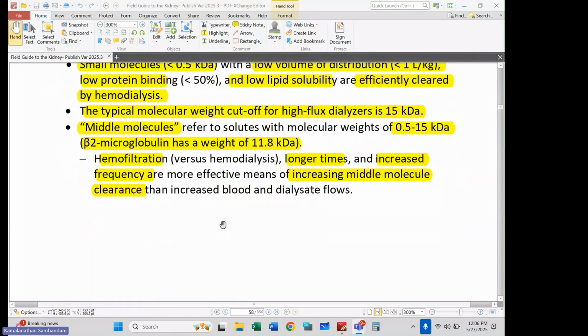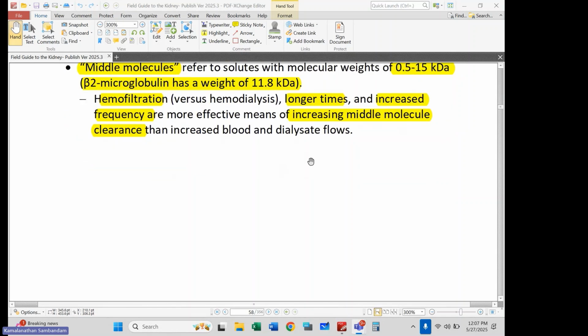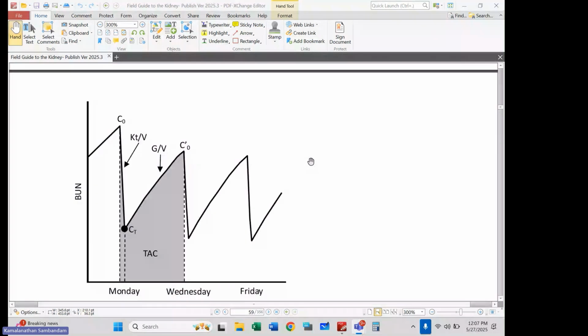And then we briefly touched on the fact that phosphate, even though it's a relatively small solute, acts like a middle molecule because of the shell of water that it effectively carries around it. And longer dialysis times and increasing frequency would enhance phosphate clearance. And that is why daily home dialysis often allows for the patient to come off phosphate binders.